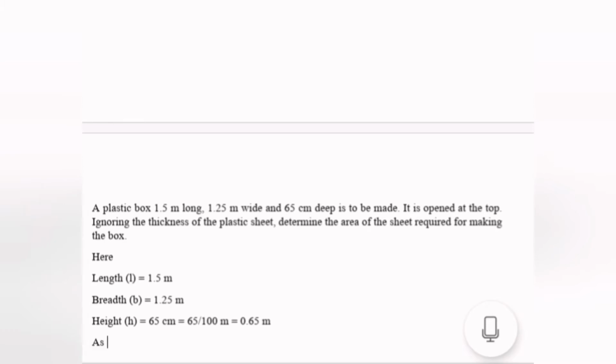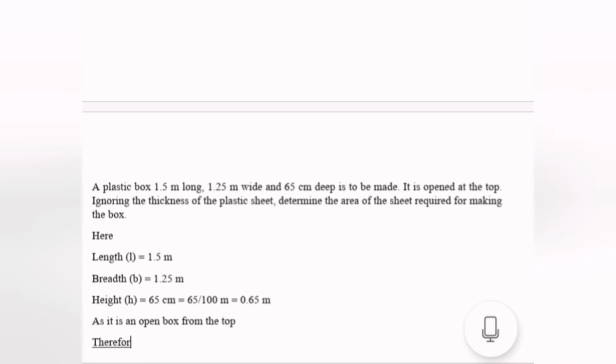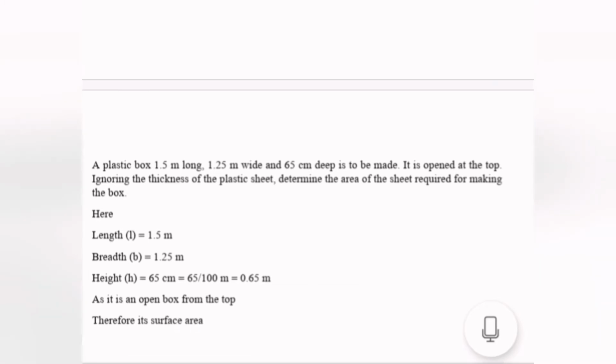First of all, as it is an open box from the top, therefore its surface area is equal to the lateral surface area plus the base area.